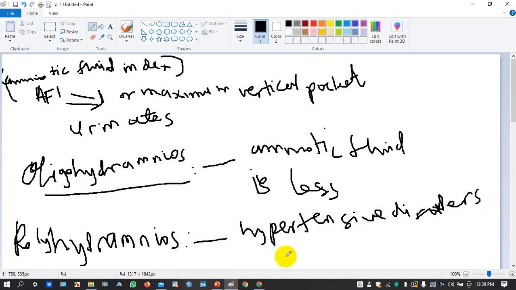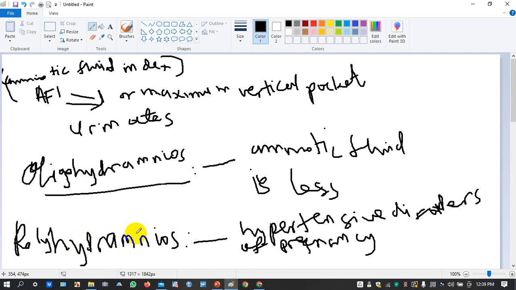It can also lead to polyhydramnios, too much amniotic fluid, and it's not good. If the mother has hypertension during pregnancy, the fetus can have polyhydramnios. It will not augur well for the baby, for the fetus.